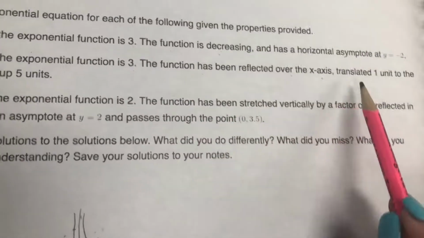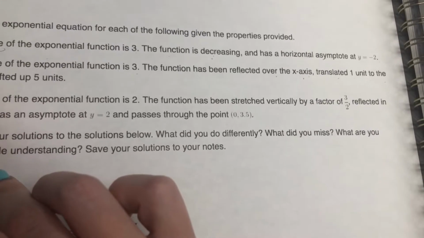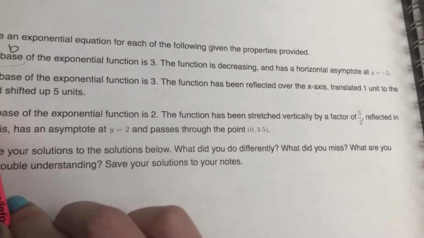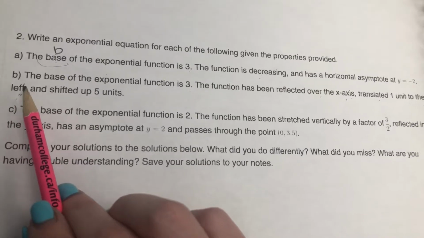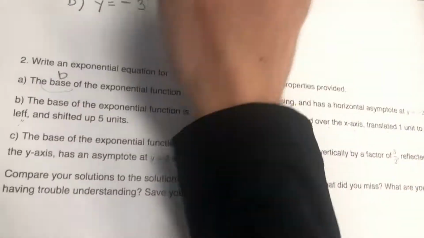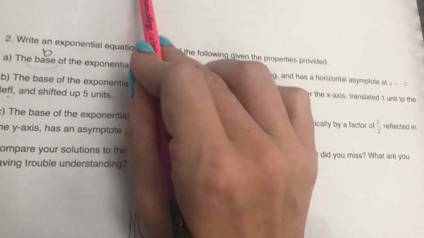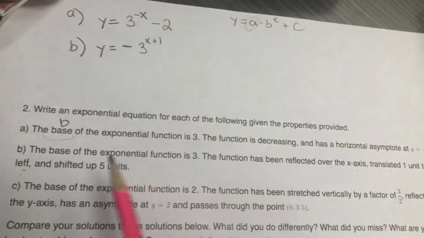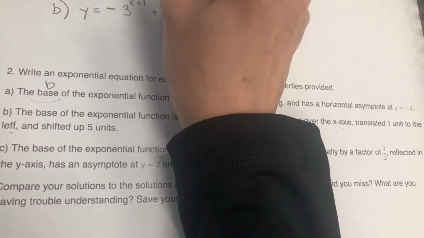So it's translated 1 unit to the left. And just like our quadratic functions, to the left it's going to be a positive, and it's got to be done right next to our x value. So it's going to be x plus 1, showing that it's been shifted to the left. And then it's shifted up 5 units, so then it's just plus 5.